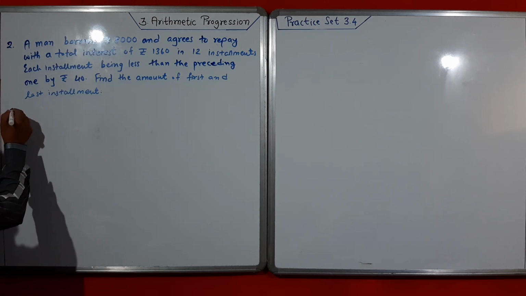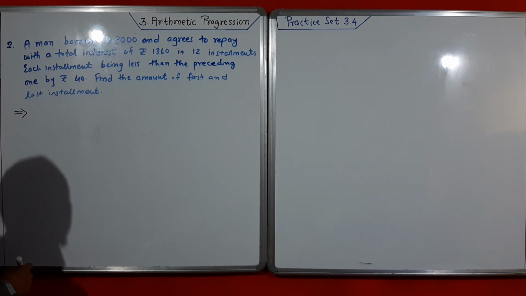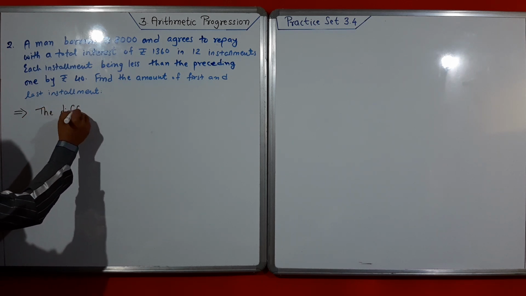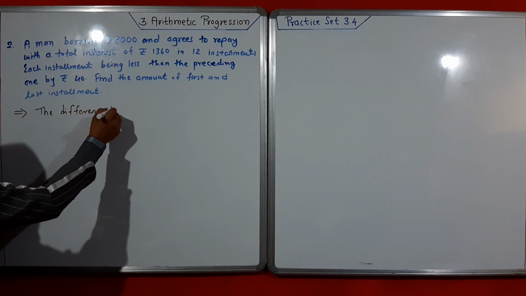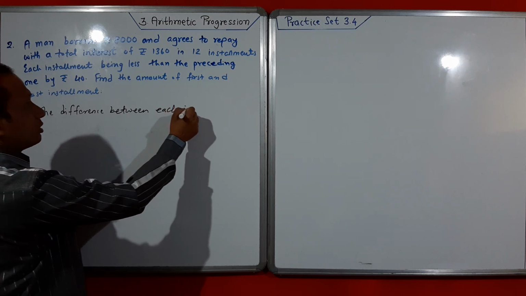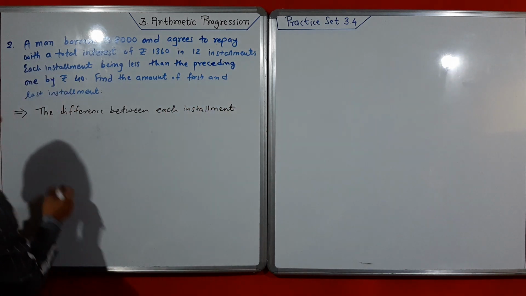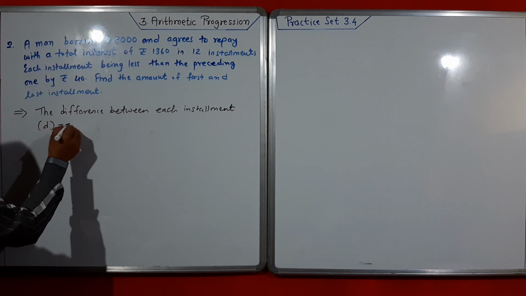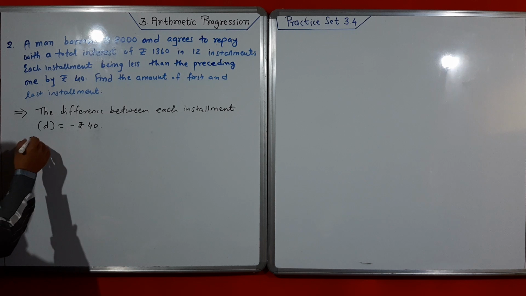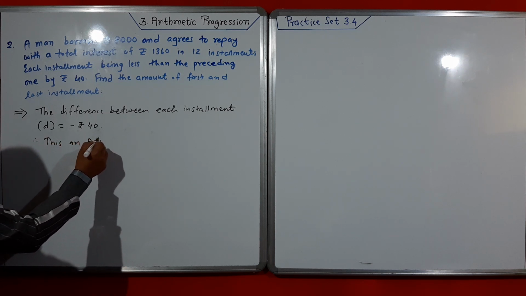The first statement: the difference between each installment is the common difference d, which I take as minus rupees 40. Therefore this is an AP.